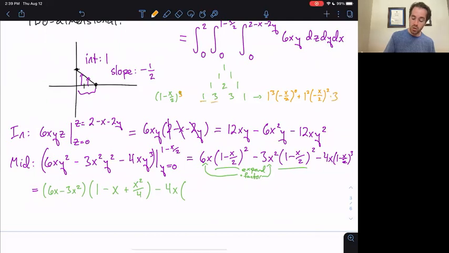So we've done this term and this term, plus 1 to the first power times negative x over 2 cubed.